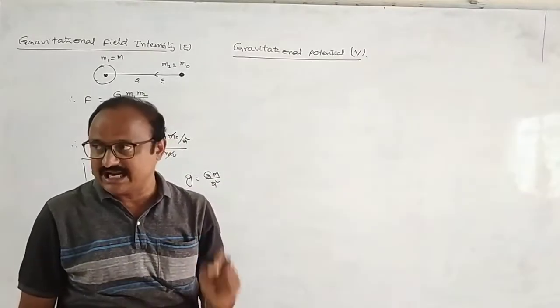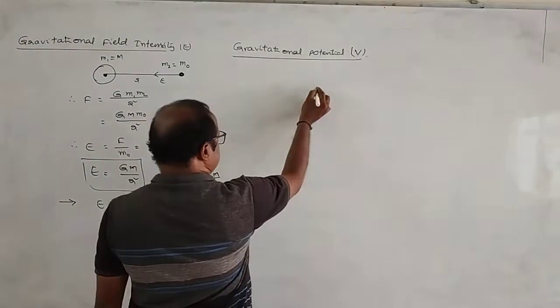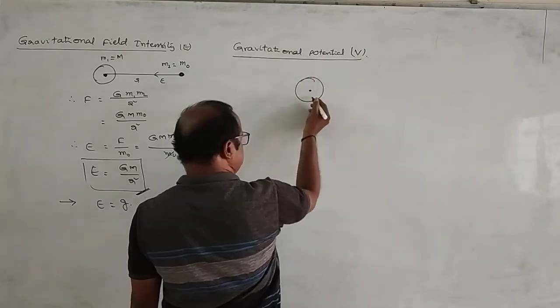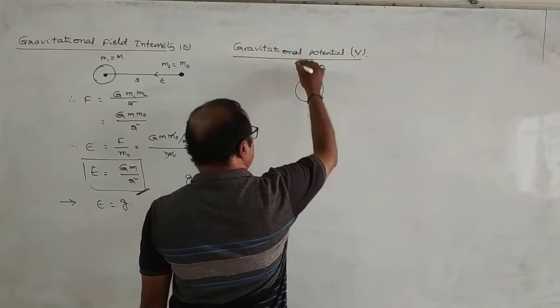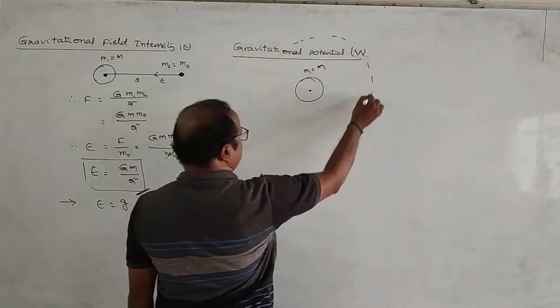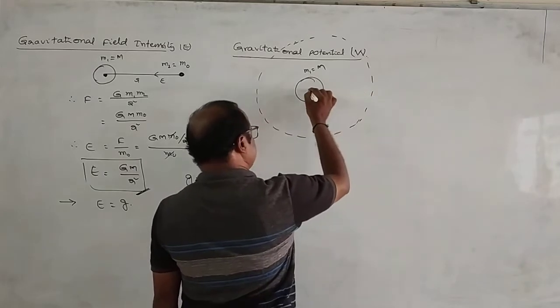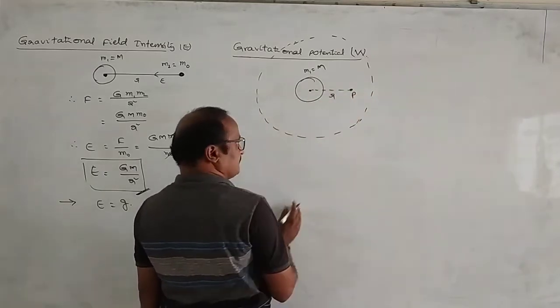So here there is a given body. Mass of this first body is taken as M, and this is the gravitational field around the Earth. Inside the gravitational field there is a point P, at distance R.